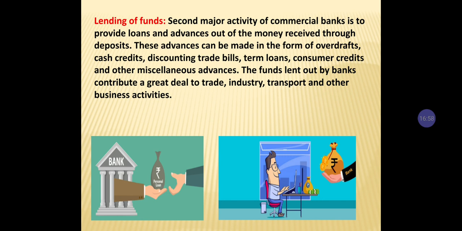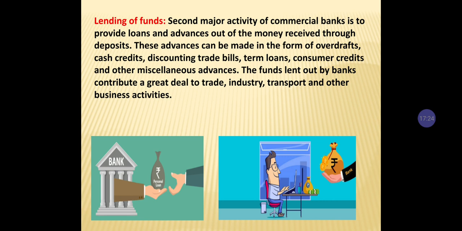The banks lend loans to businessmen or third parties on the basis of money received from deposits. These advances can be made in the form of overdraft, cash credit, discounting trade bills, term loans, consumer credit, and other miscellaneous advances.